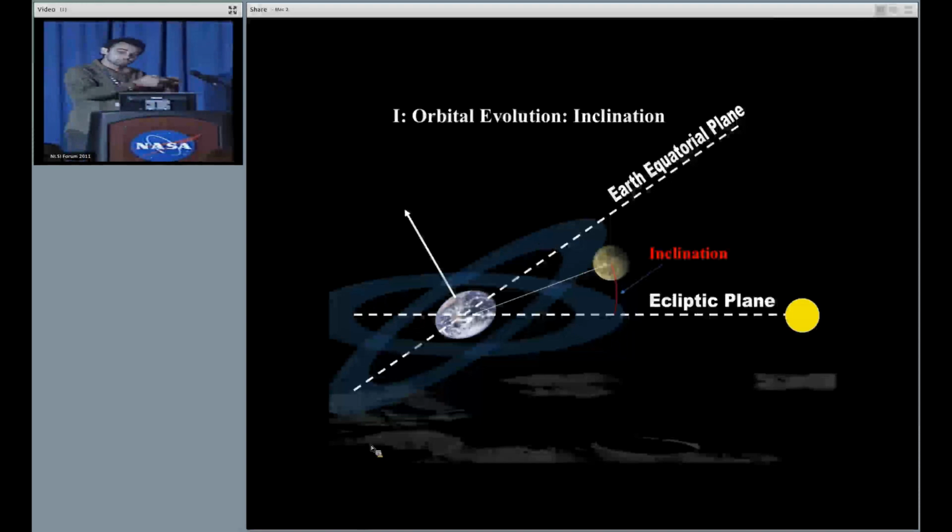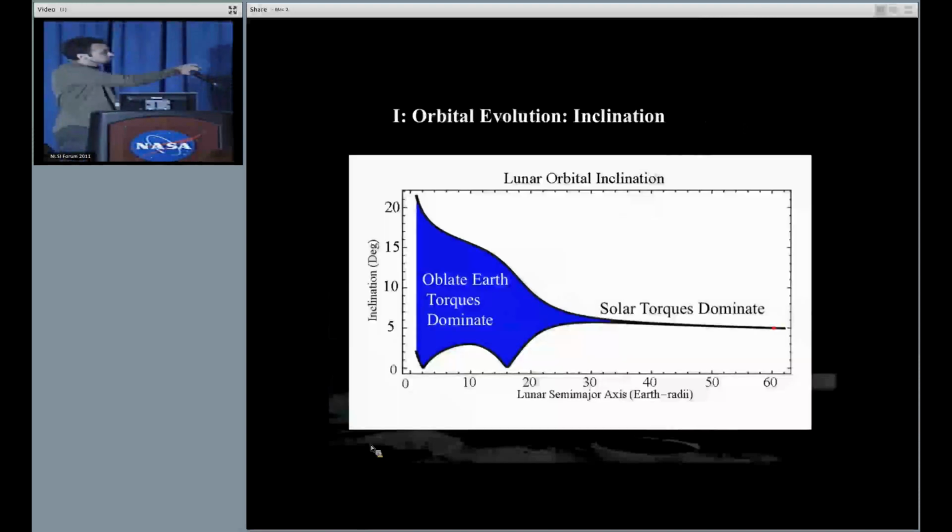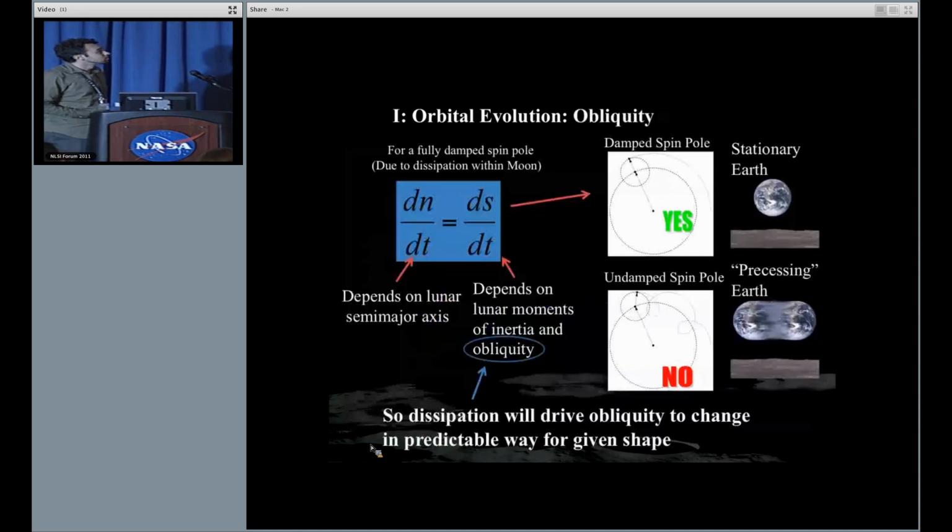And so as the moon has moved outward over time, those forces have changed and caused us to go from a very large oscillation between those two planes to now being dominated by the solar torques, because the moon is far enough away from the Earth that it looks like a point mass, and so it doesn't really have any torque on the moon in that way anymore.